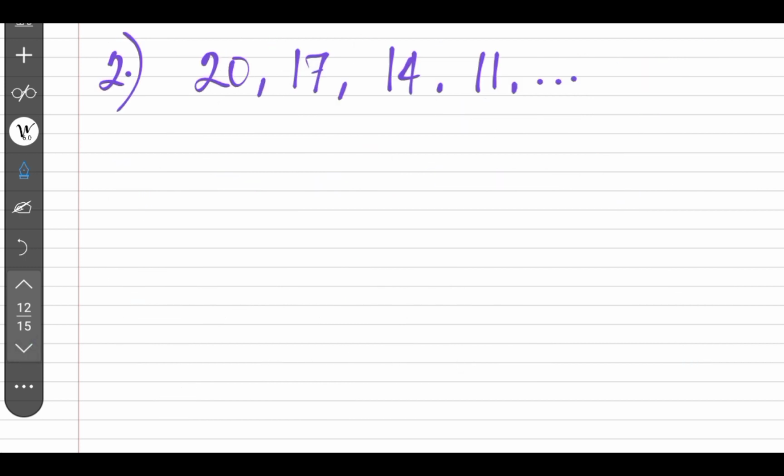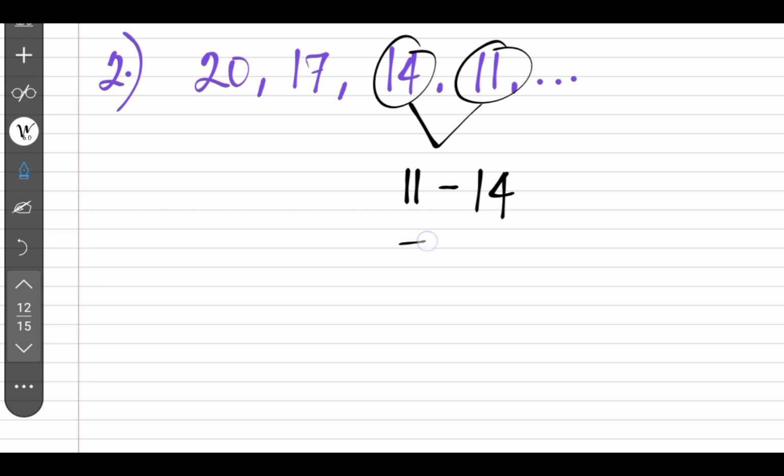So the common difference is equal to 4, and this sequence is an arithmetic sequence. Okay, number 2. Let's find the difference of 11 and 14. So again, from right to left. So 11 minus 14 is equal to negative 3. Why negative? Again, because 14 is greater than 11. So negative 3.